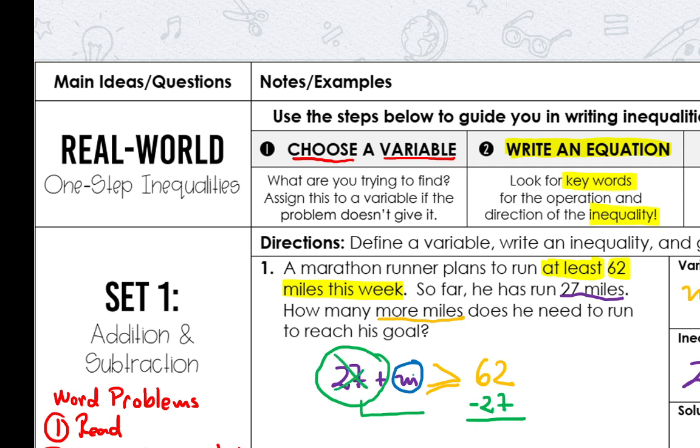Goodbye 27. 62 minus 27 is 35. 35 miles. Remember, guys, we have M is greater than or equal to 35 miles. And here's our solution: M greater than or equal to 35 miles.